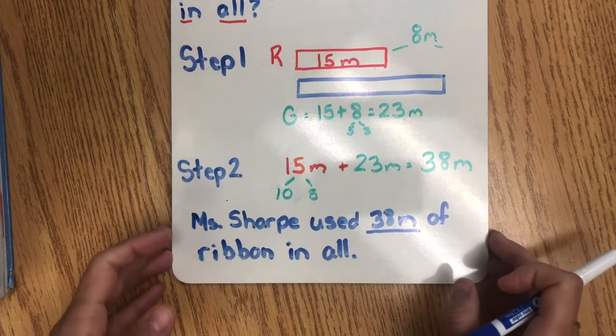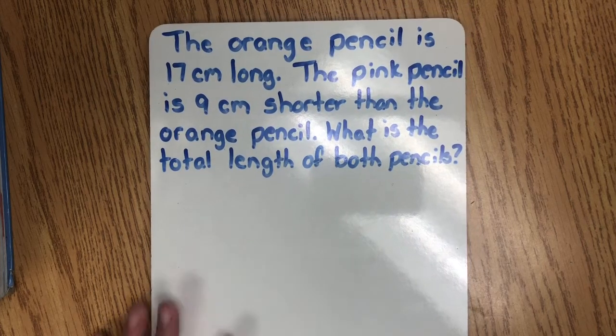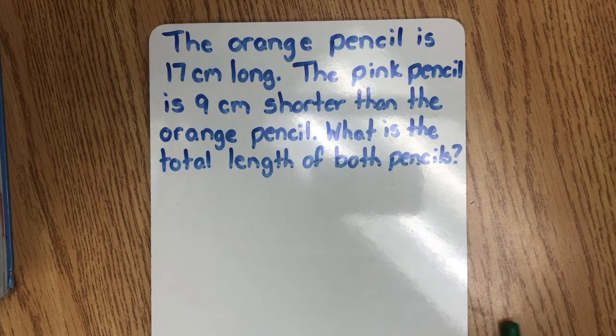We're going to do another problem together that's very similar. It's a two-step problem. This time it has to do with pencils. Again, you don't need to write the problem. Just follow along.